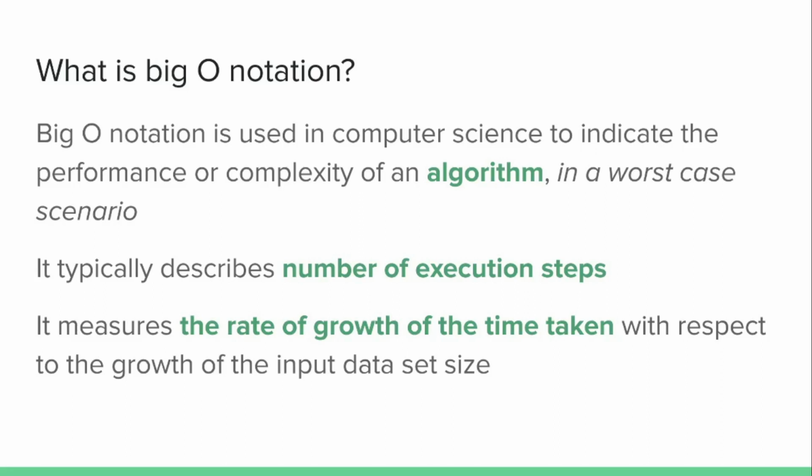There are a lot of different parameters that we could consider, but for the purpose of understanding what Big O notation is, I'll keep referring to number of execution steps, and that's a reasonable measure of the complexity of an algorithm.